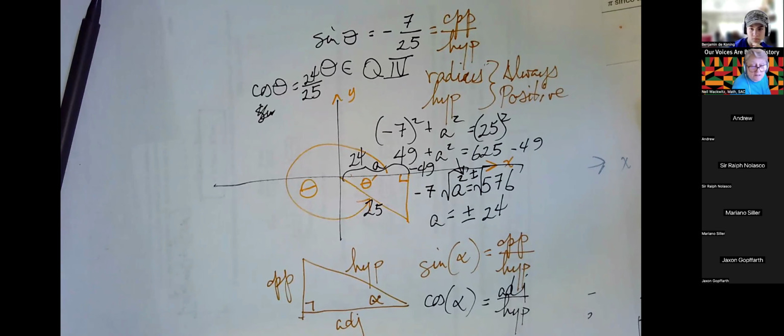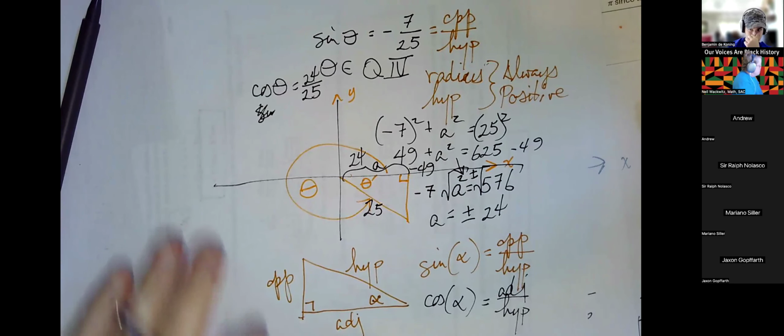So I want you to get super comfortable with both methods. But the key here is that we're starting to get tools to work with to find trig functions when the angle is not known.